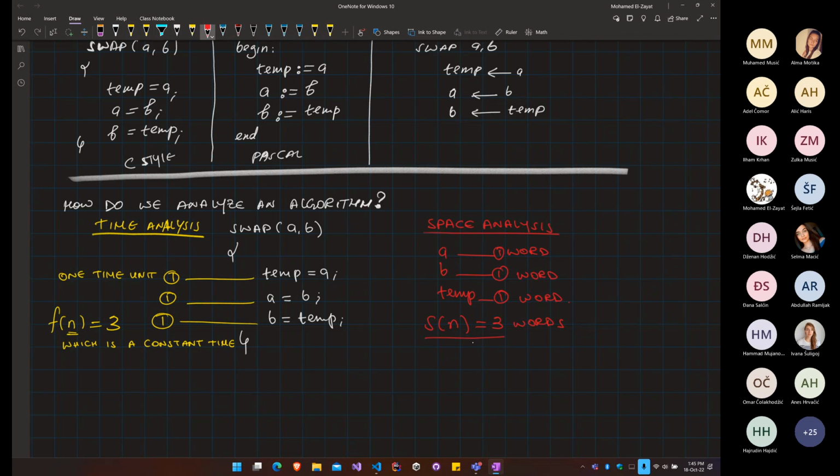So for this algorithm of swapping to function, which is one of the simplest algorithms you can think of, swap two variables, the minimum requirement is, for example, 3 words, let's say 2 bytes per word. That means you need 2 times 3, which is 6.